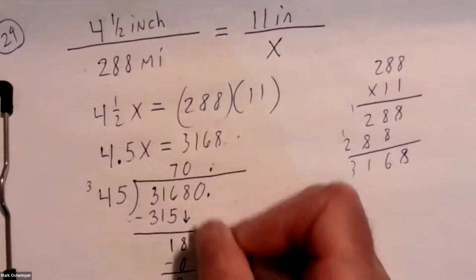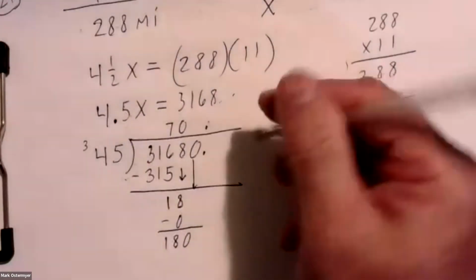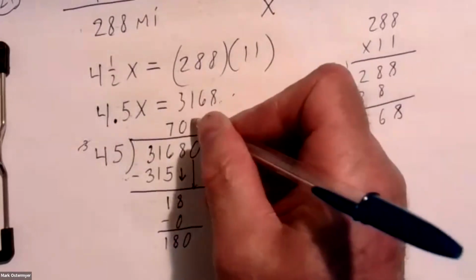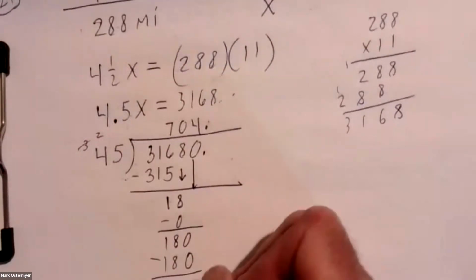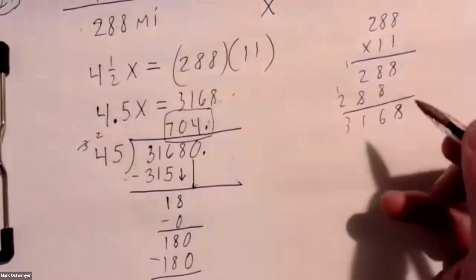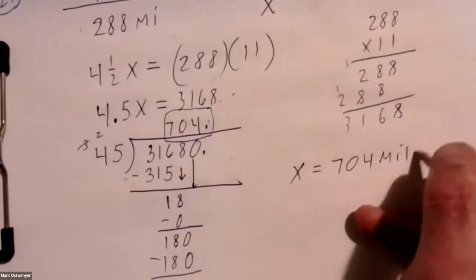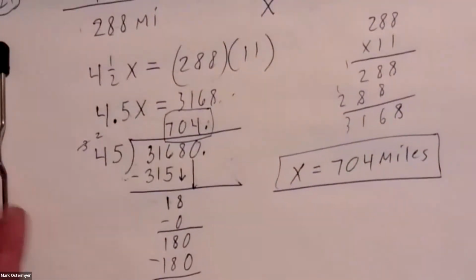Subtract, bring down the 0. How many times does 45 go into 180? 4 times, exactly. So how many miles is it from Seattle to San Francisco? 704 miles. That's the distance between San Francisco and Seattle.